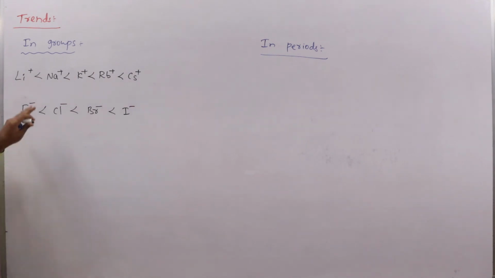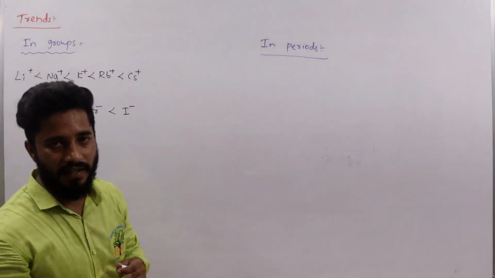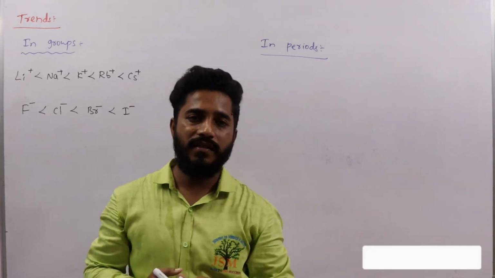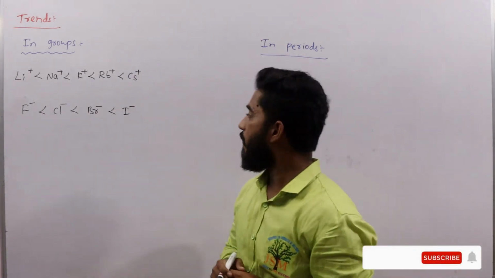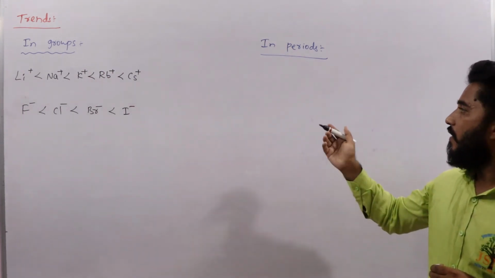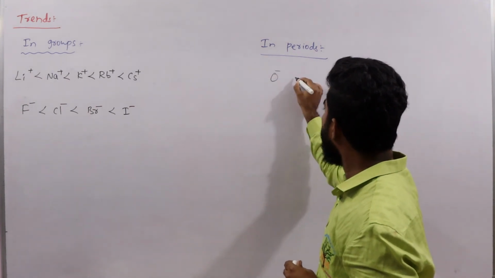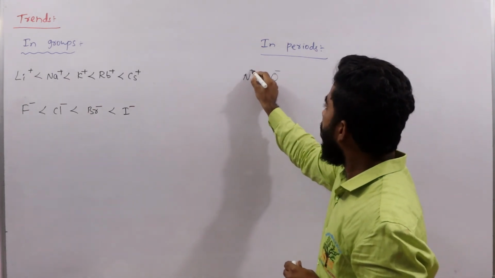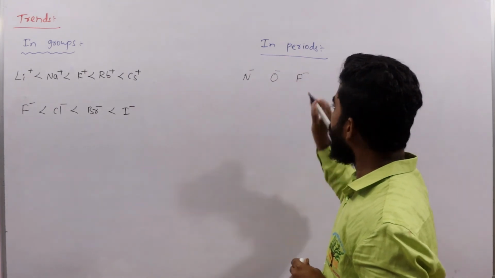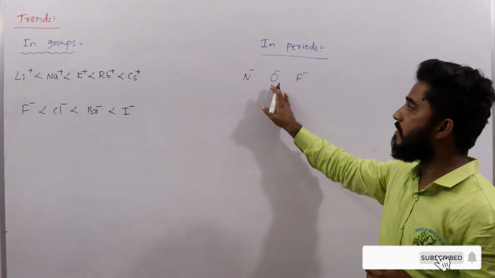Remember, in a group from top to bottom, the number of shells increases, so ionic radius also increases. When we come to periods, for example if you take N minus, O minus, F minus, they should be with similar charges.